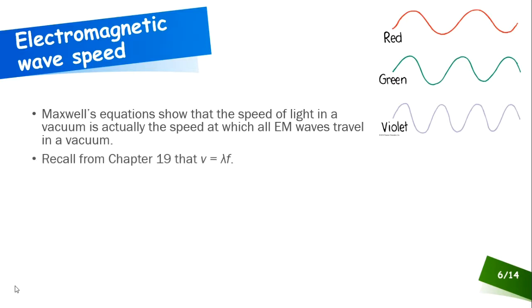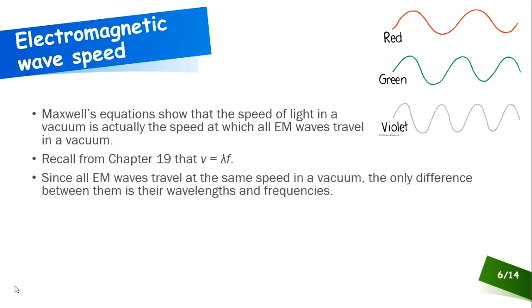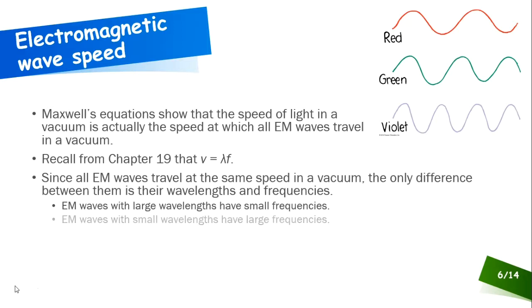So remember, we learned earlier about waveforms, the velocity of a wave is equal to its wavelength times its frequency. And since all EM waves travel at the same speed, the only difference between the different types of EM waves is their wavelength and frequency. So if an EM wave has a large wavelength, it's going to have a small frequency.